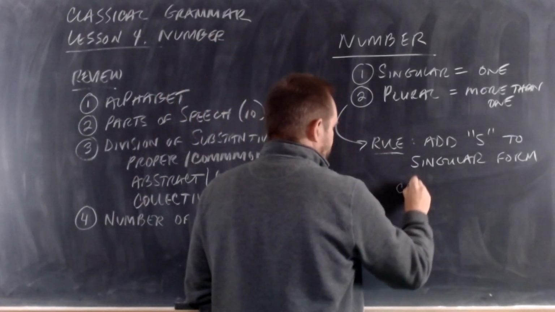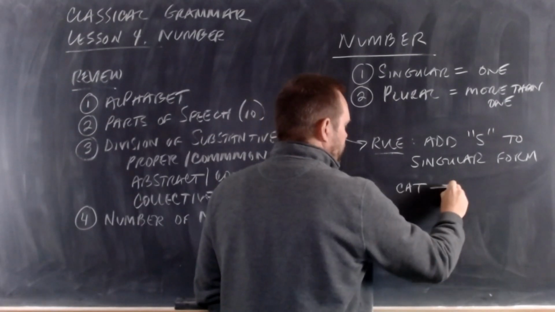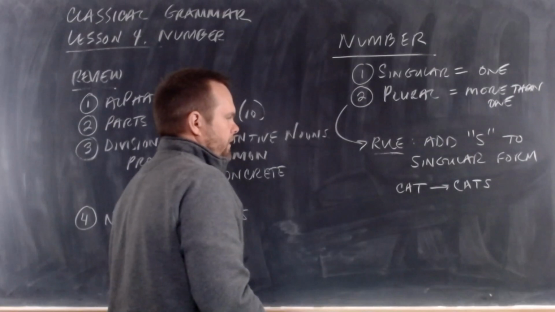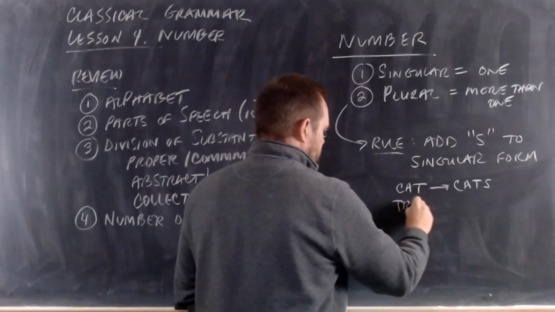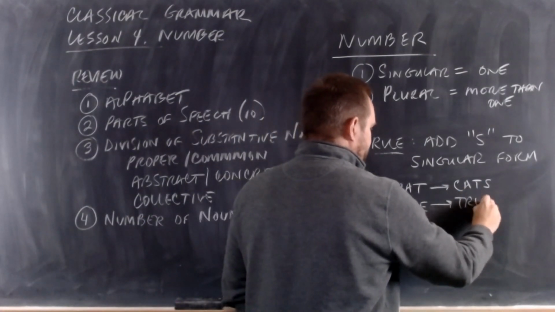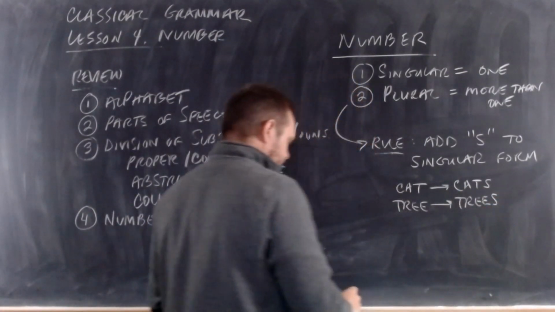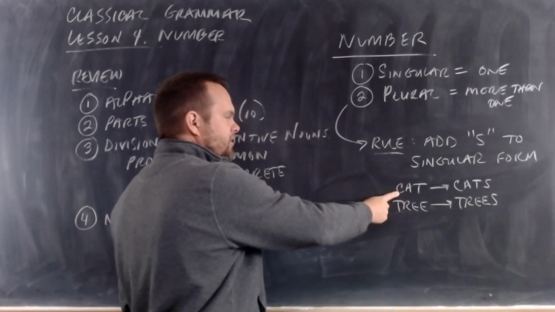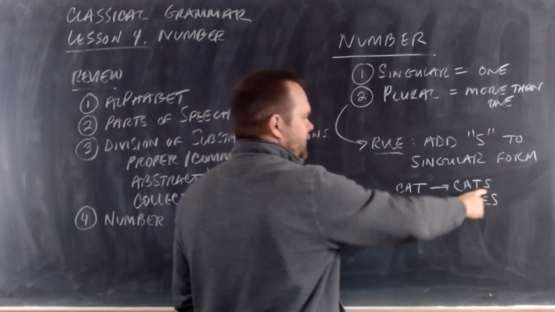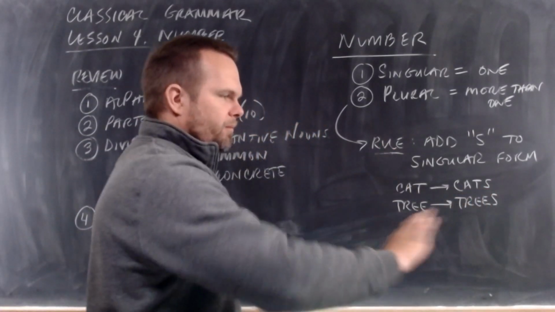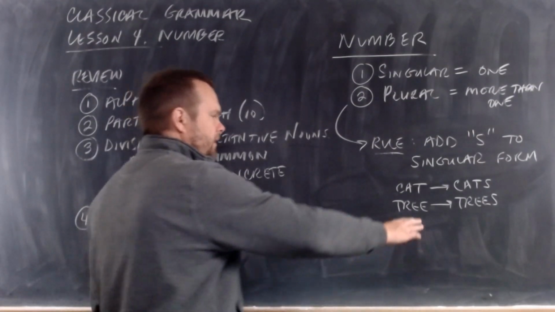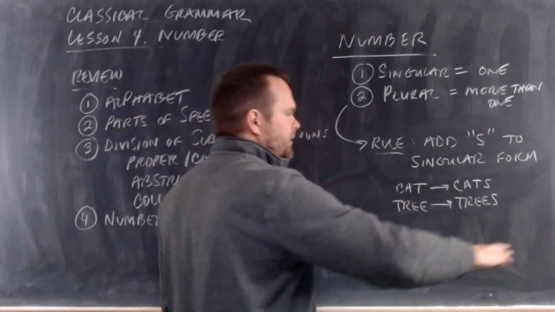If I have a singular cat, the plural, we simply add an s, and we have cats. Singular tree is made plural by simply adding s. Trees. The form cat names one cat. The form cats names more than one cat. The name tree names one tree. The name trees names more than one tree.